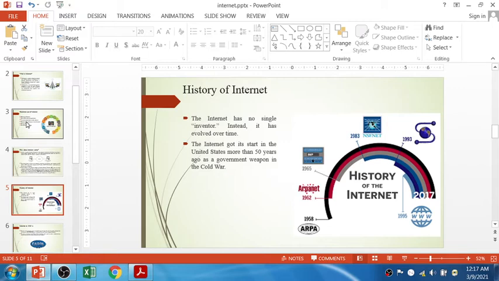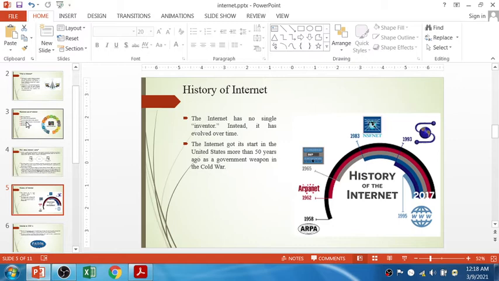Many people think that the internet is a recent evolution, when in fact the essence of it has been around for over a quarter of a century.